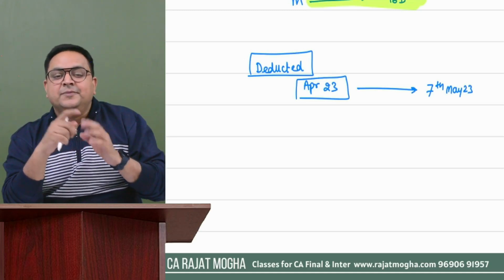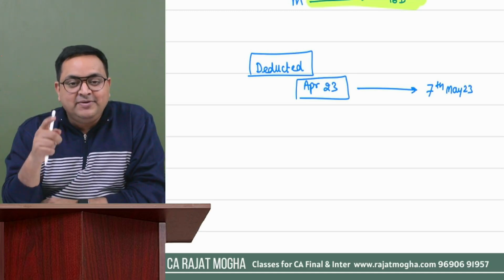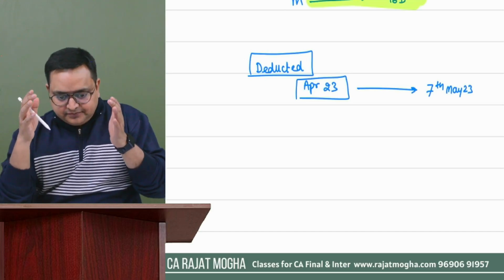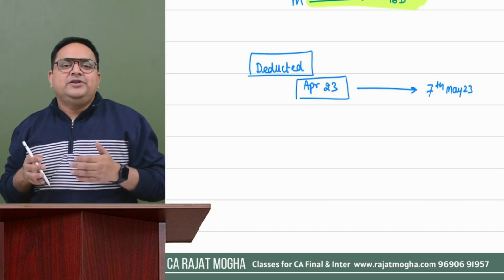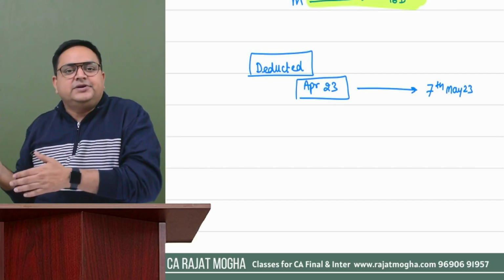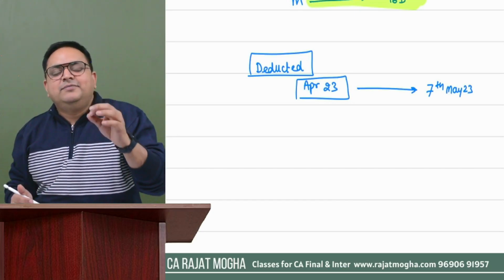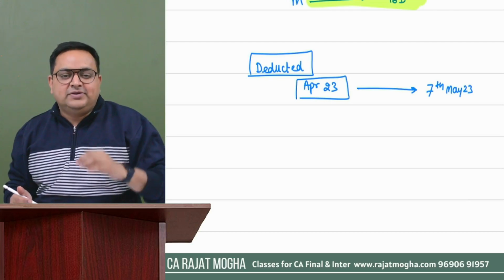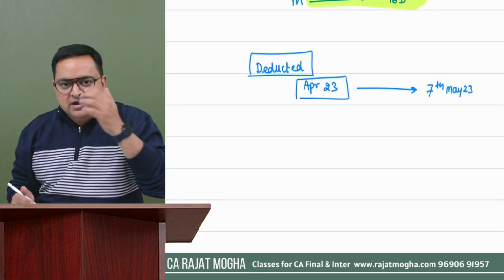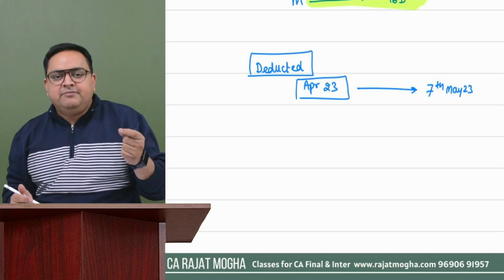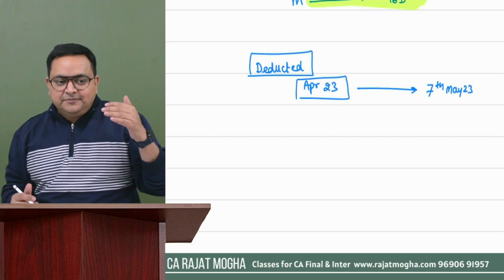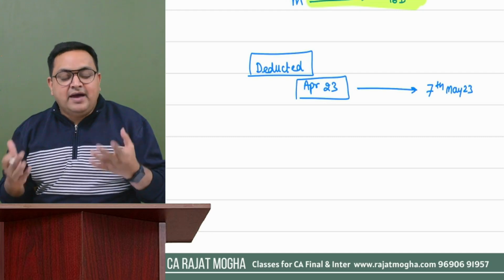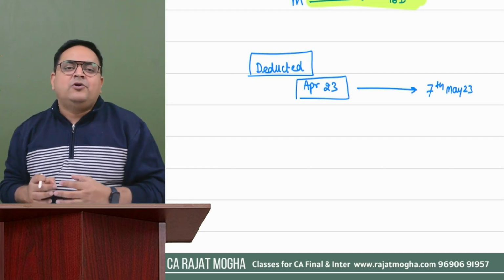Why extra? Because if you have not deposited, it means that you have collected the amount of TDS and you are keeping this money with yourself and have not deposited it to the government. In that case, the government will charge extra interest from you, that is 1.5%. You understand why 1% will be applied in one case and 1.5% in the other. 1.5% is for a major default you have made, because you have kept the amount with yourself.